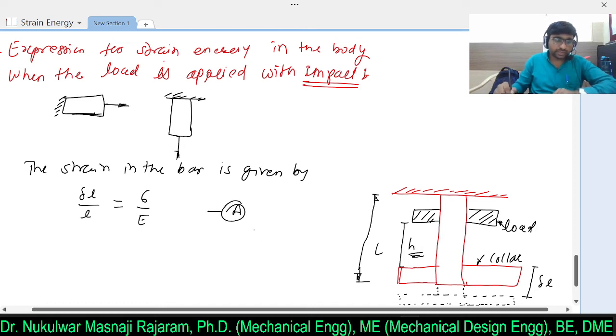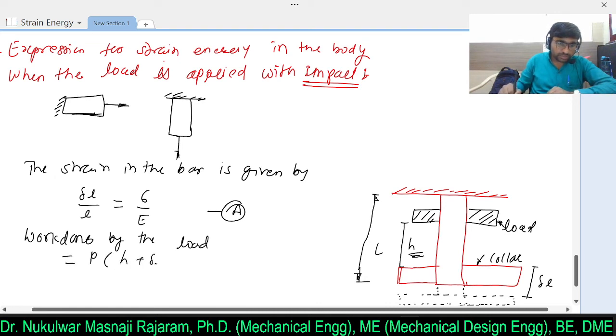So let's say that is expression A. Clear. Now what do we want? We want work done. So first find out work done by the load. So definitely it will be equal to P into (H plus delta L). Clear. So let's say this is expression 1.